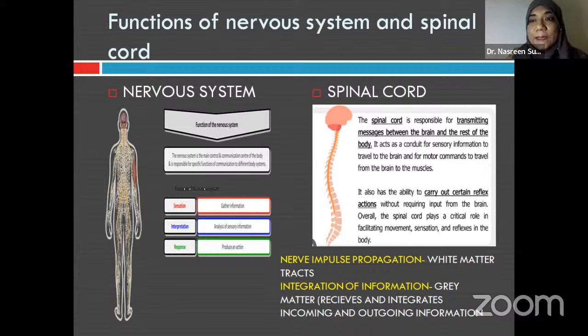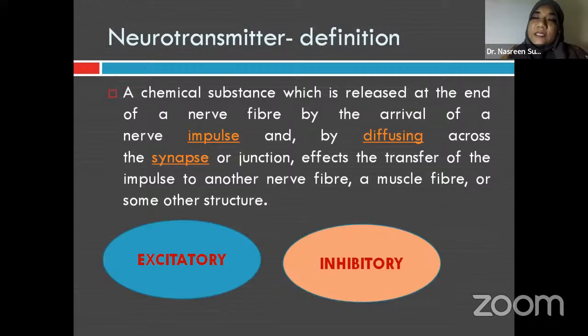Gray matter means it is made up of cell bodies. Cell bodies are responsible for the interpretation of the response. Okay. So what are the two main functions of the spinal cord? Nerve impulse propagation and integration of information. Okay, got it?